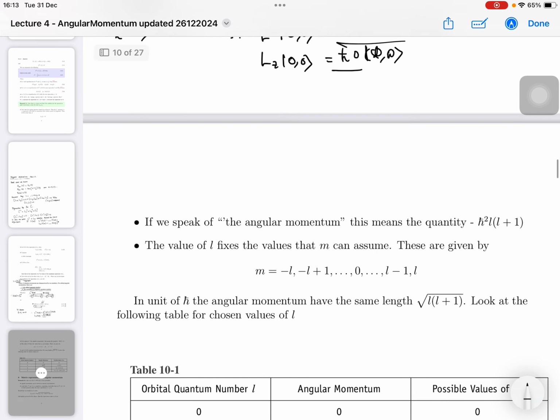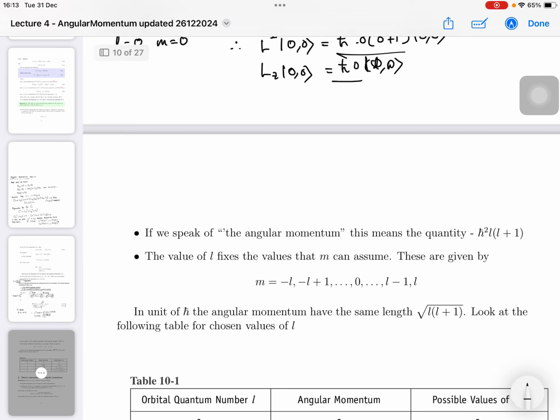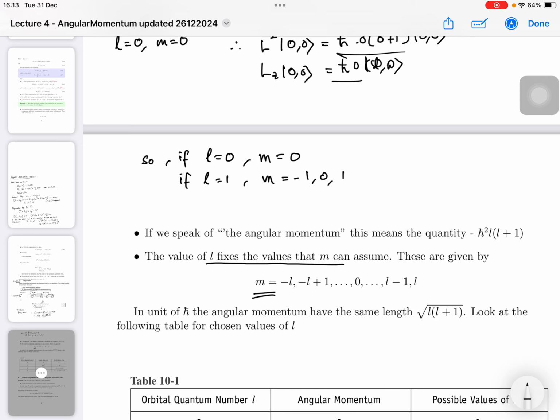But l and m actually have some relationship. If l is fixed at some value, m can take the following values. If your l is 0, m can be 0. If your l is 1, m is minus 1, 0, 1.